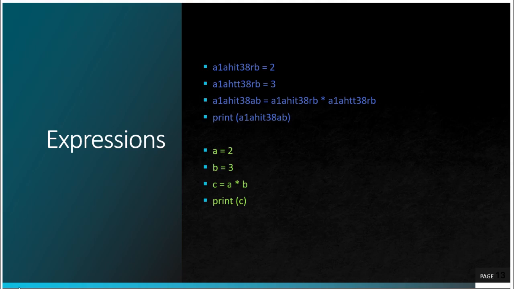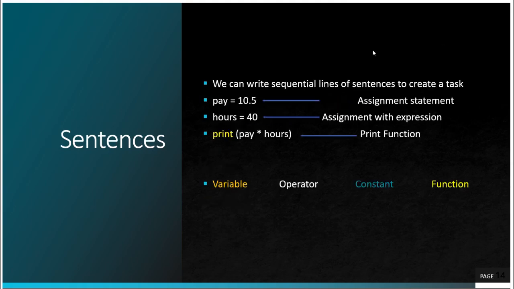Now, keeping that in mind, let us look at how we form sentences. We can write sequential lines of sentences to create a task. We have already written some Python programs, but let's say we are now writing a very meaningful Python program: calculating a salary for somebody, right? For that, you need two values.